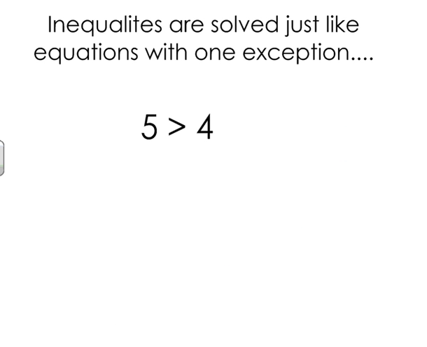There is one exception with inequalities. All of the rules that you've learned so far work. There's one kind of funny thing that happens though. If I multiply both sides by -1, I'm going to get -5 and -4. Now we have a problem. -5 is not greater than -4.